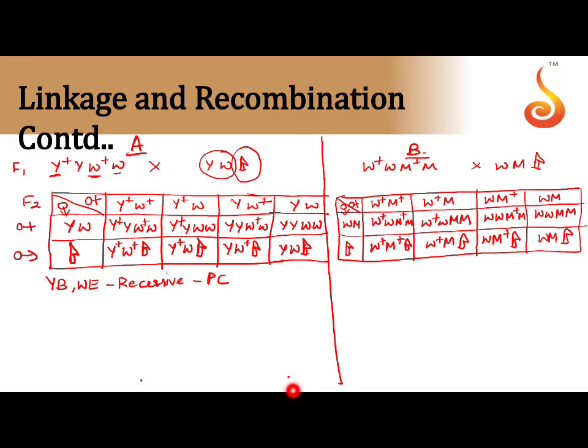The other parental characteristic was brown body and red eyes. So, this was the wild type parental characteristic. So, if I give a combination of yellow body with red eyes or brown body with white eyes, what would you call them? You would call it recombination, right?